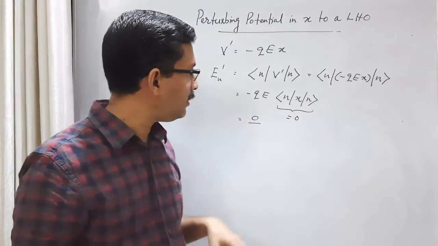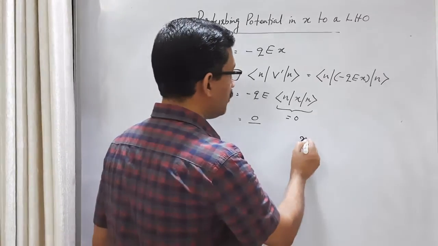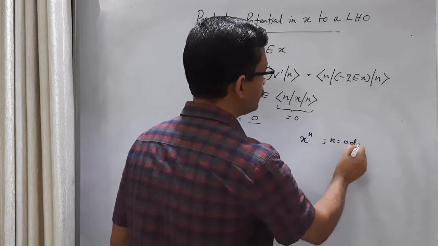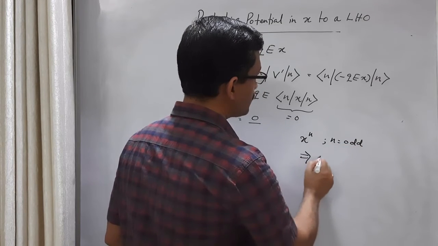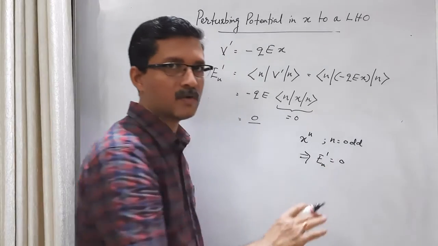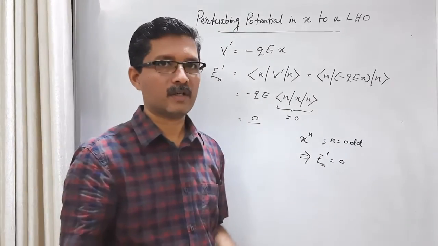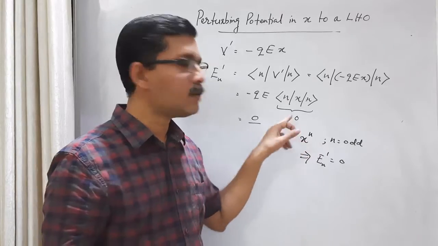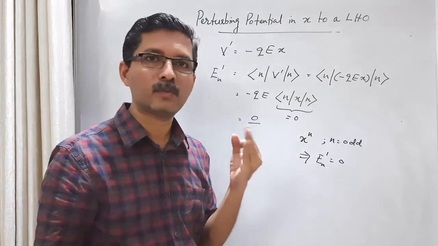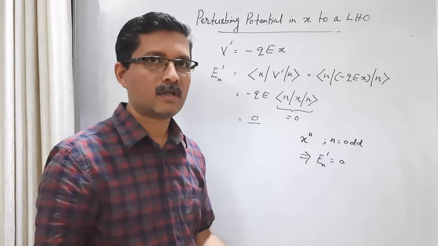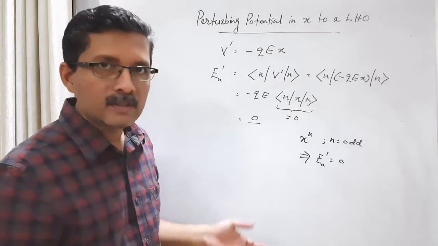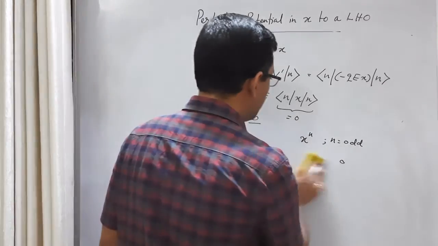So for any perturbing potential of the order x^n with n odd, the first order correction in energy is always 0. This you can always remember without doing any calculations. If it is an odd power of x, that is x, x cubed, x to the 5, etc., the first order correction energy is always 0. We need to calculate the second order correction energy.